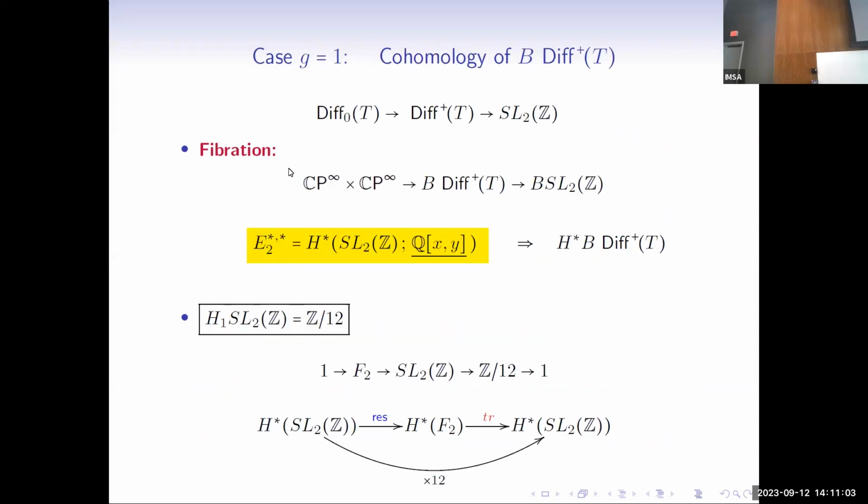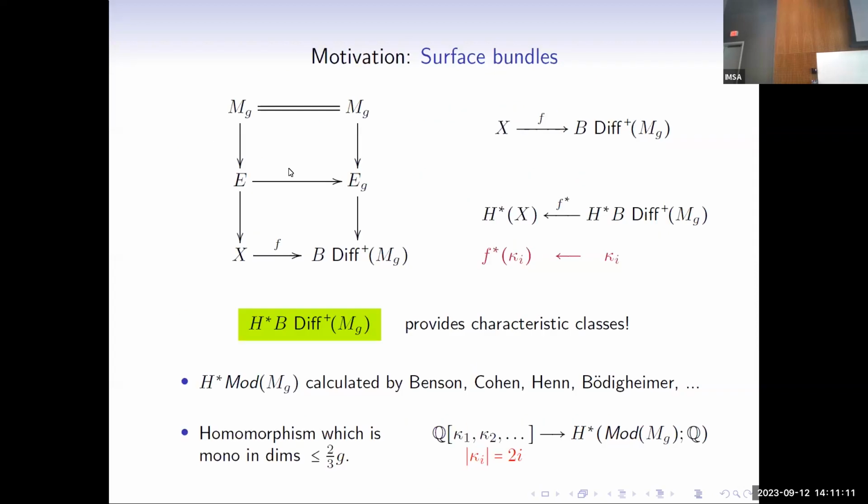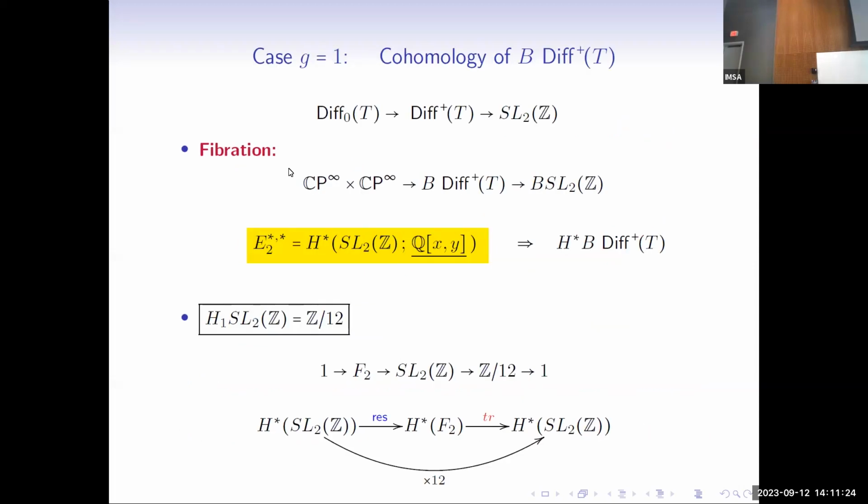All right. So what about lower genus, right? And I said that these cohomology groups detect surface bundles, right? But what happens when g is equal to 1, for instance? Well, there's a very nice approach to calculate the cohomology of the classifying space of the diffeomorphisms of the torus. So again, we go back to the definition of the mapping class group.